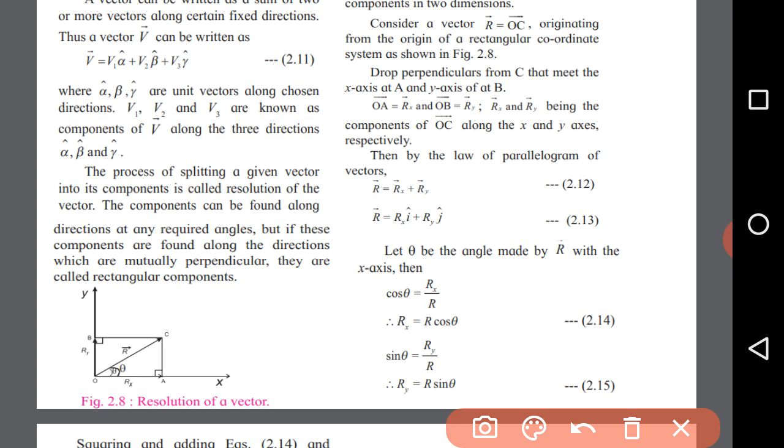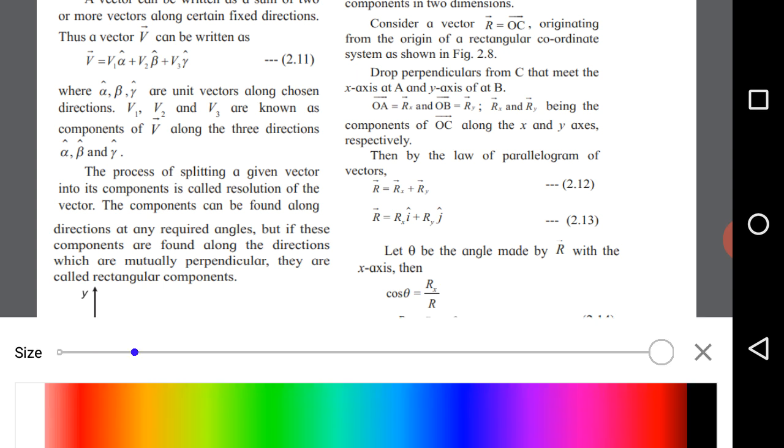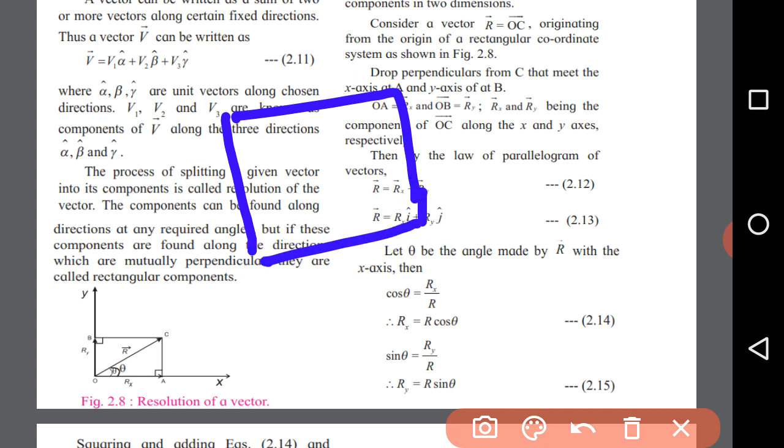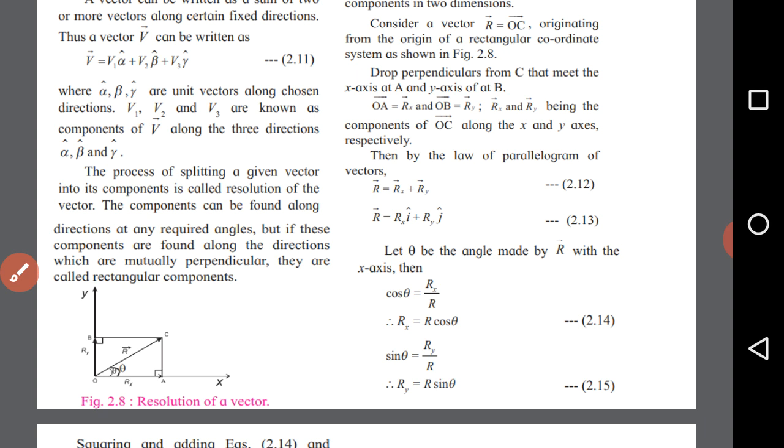Now this is interesting. What is the characteristic of a rectangle? All opposite sides of a rectangle are parallel, and every side makes an angle of 90 degrees. So the angle between two sides is 90 degrees.